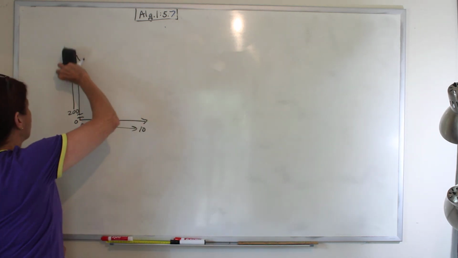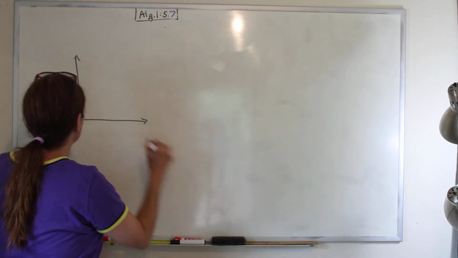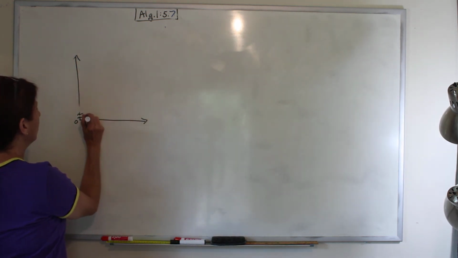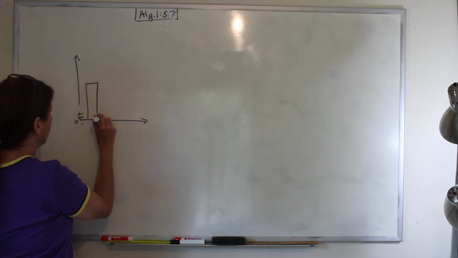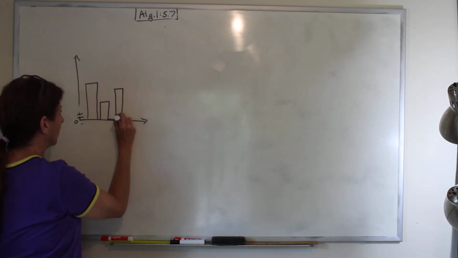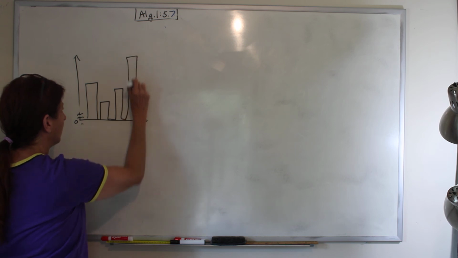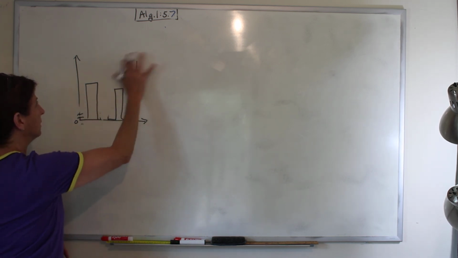So imagine there's a break in a graph, and it's a bar graph, and it looks like this. There's maybe even less than that. Let's make it a little bit different.